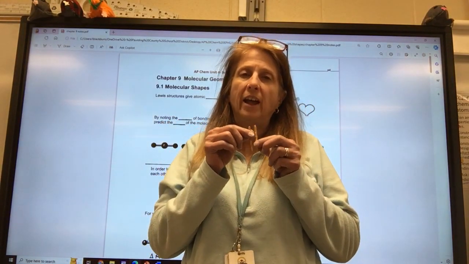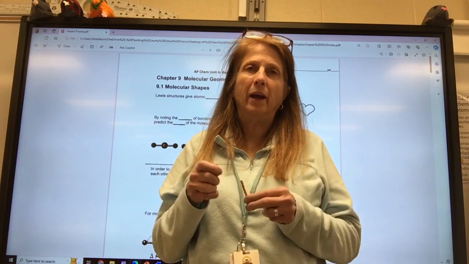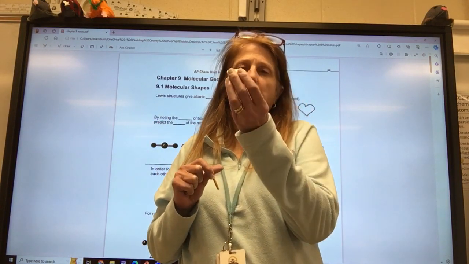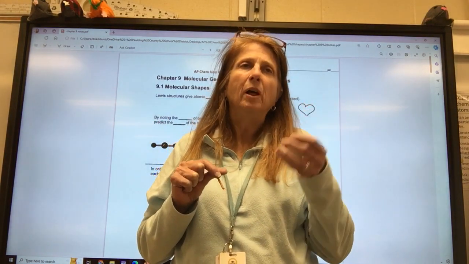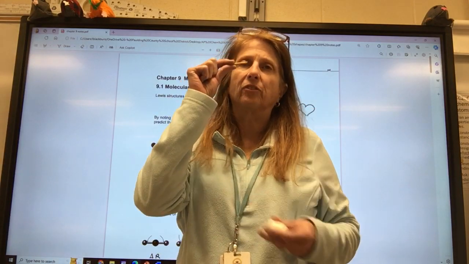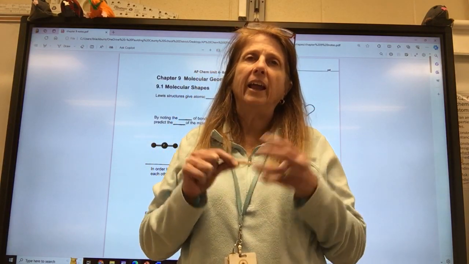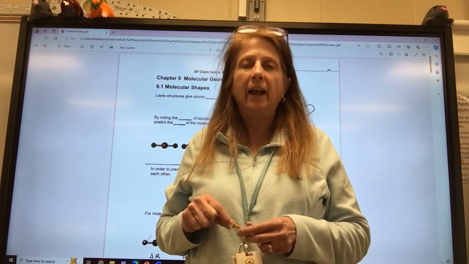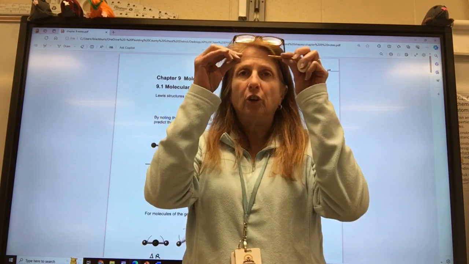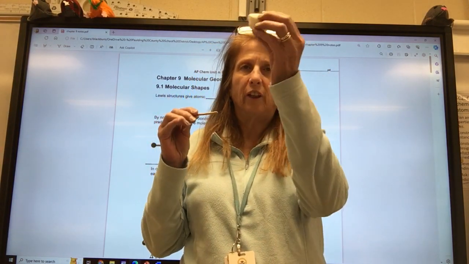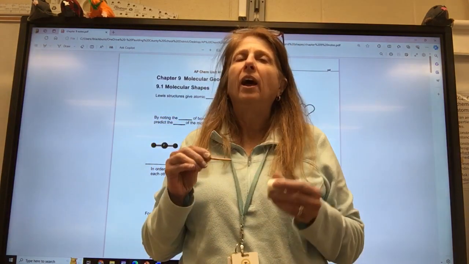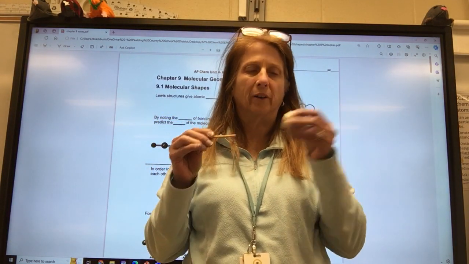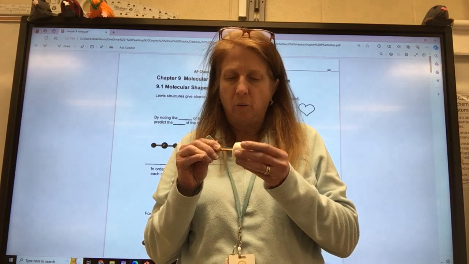Are they going to attract or repel? Repel. So this is going to represent an atom with its electron clouds coming out of it in a chemical bond. And if it has two, how would you insert them into your atom here as far away from each other as possible? Everybody do that with your pretzels.